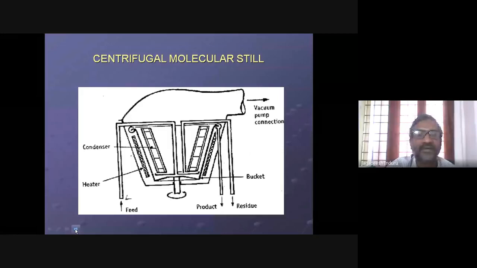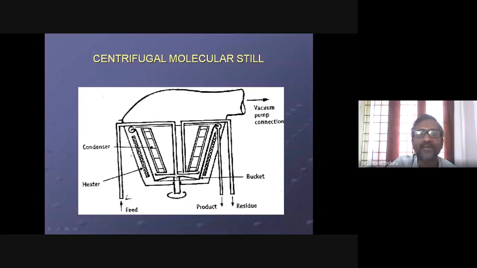But here, if you see on the left side, the feed enters from the bottom. It moves up, goes like this, and falls into the center basket.